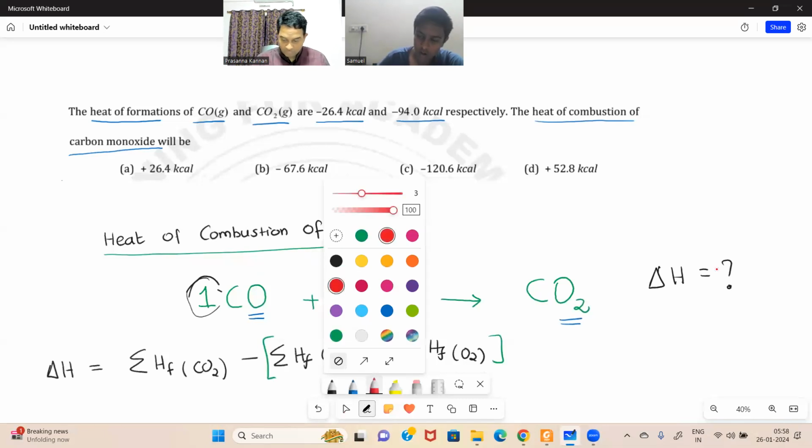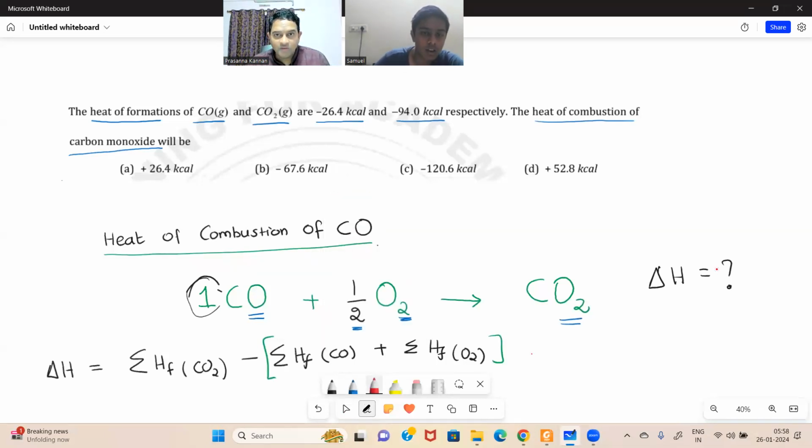Did you write that down? Oxygen exists as O2. When a compound is existing in its naturally occurring state, there is no heat involved in its formation. I don't have to supply heat or remove heat, correct? So the enthalpy of formation is 0. That's why they have not given it in the question. Clear, Samuel?